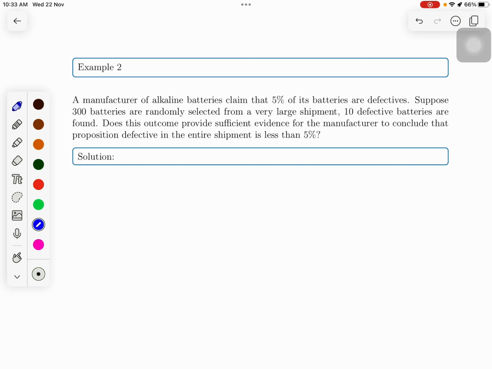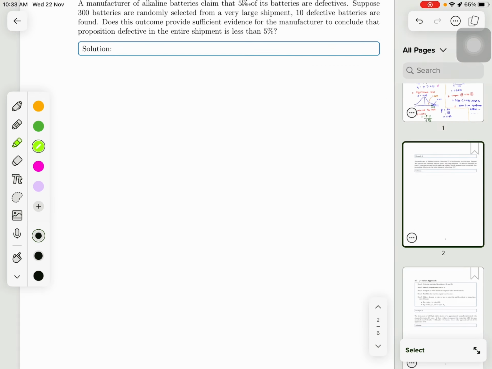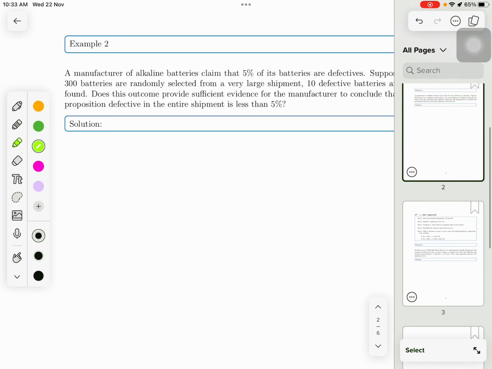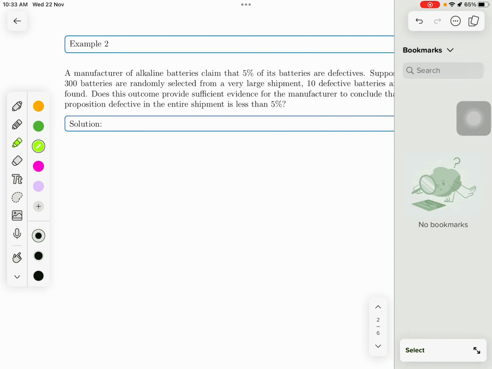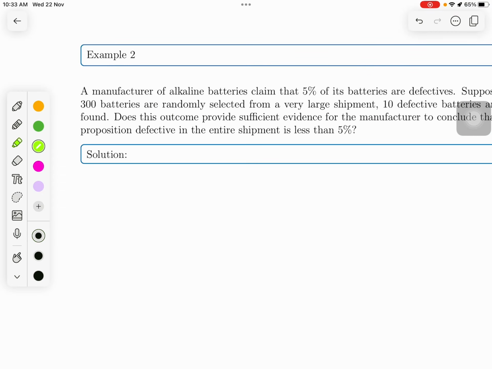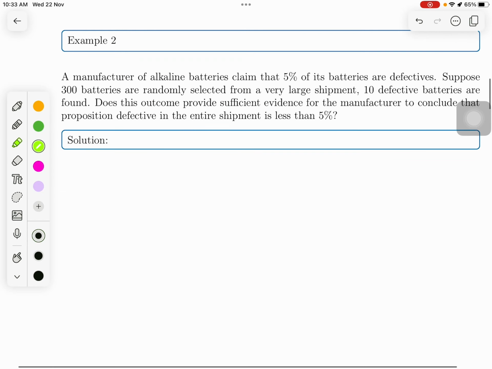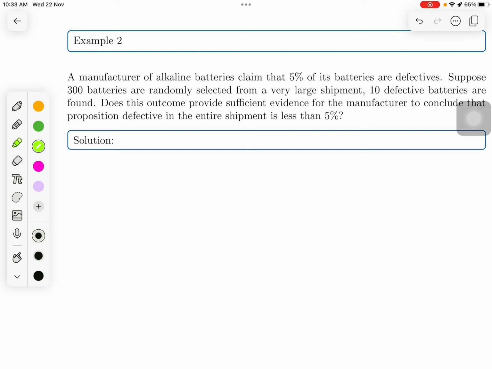Okay, so first of all, remember, we need to take all the good information that can help you to solve this problem. So we start with this. Our claim, the question claims that 5% of the batteries are defective.